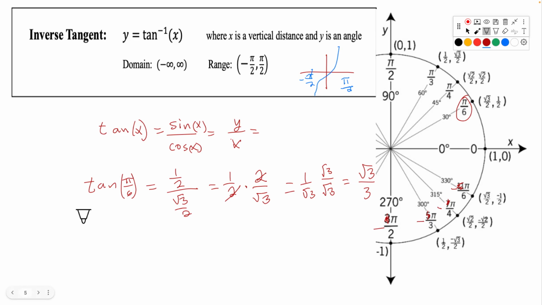So the types of questions you get here is you'll be given, what is the inverse tangent of square root of 3 over 3? We look on our unit circle, we don't see it, so you might want to say, okay, here's the tangent. Maybe we have to put that here.